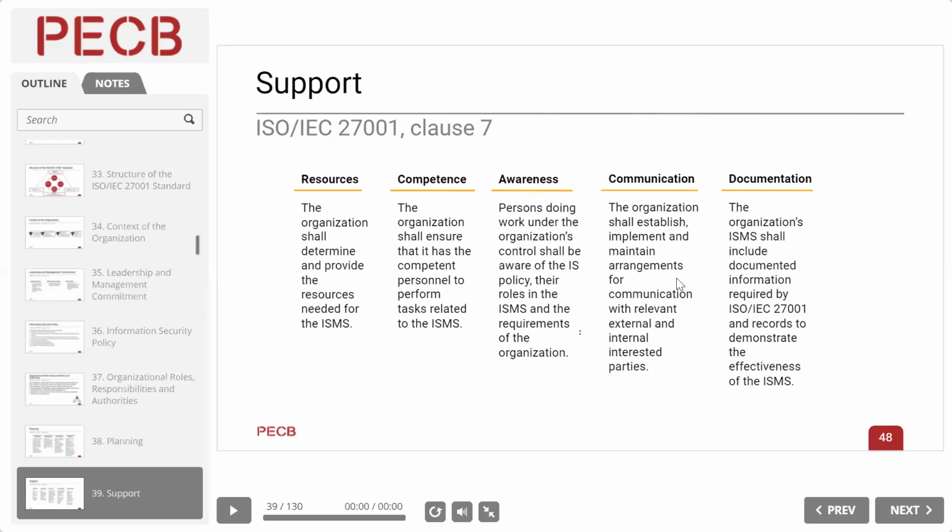We also need to have awareness. Okay, the objective of awareness is behavioral change. So the way that we achieve behavioral change is through an awareness program. An awareness program's focus is not to let people know. It is to ensure people do.